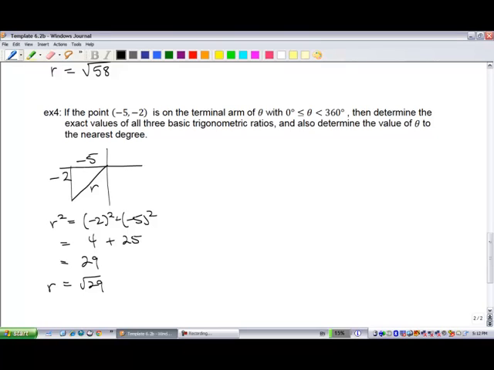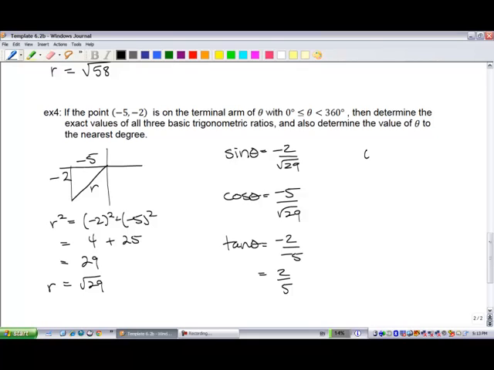We want to determine all the trig ratios. We have sine theta, sine is opposite, -2/root 29. Cos theta is adjacent over hypotenuse, so -5/root 29. And tan theta uses nicely the point we're actually given, so -2/-5, which is positive 2/5.